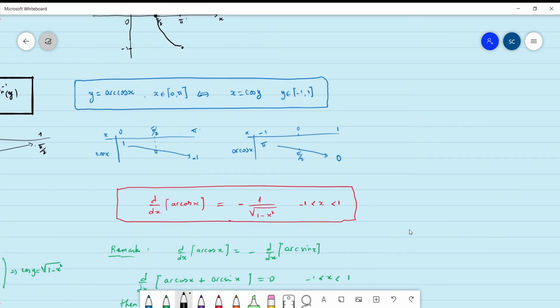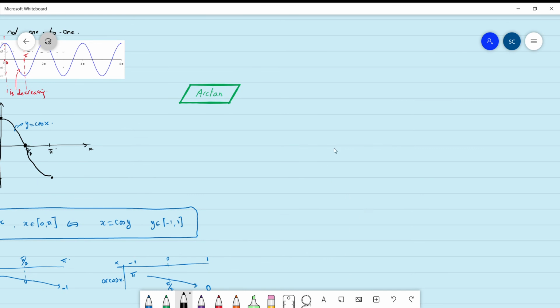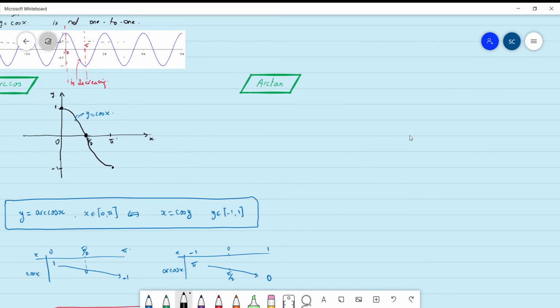Now the last function is the inverse of the tangent function. The tangent function also is a periodic function. It cannot be one-to-one, but its restriction defines a new function that is one-to-one, and the inverse gives us the arctangent function. Here is my graph, my restriction.